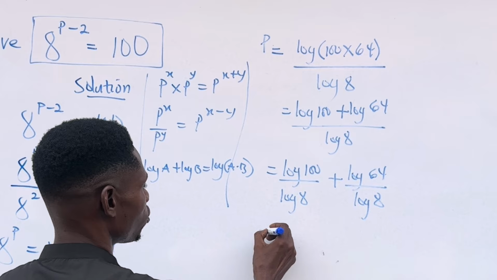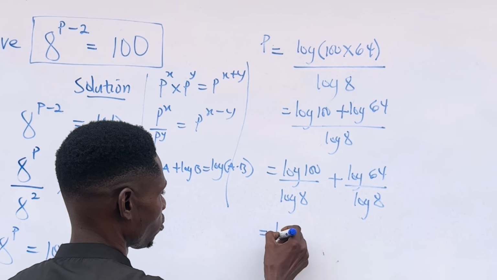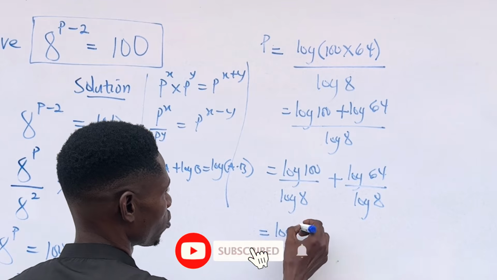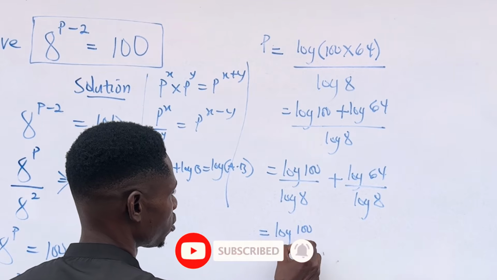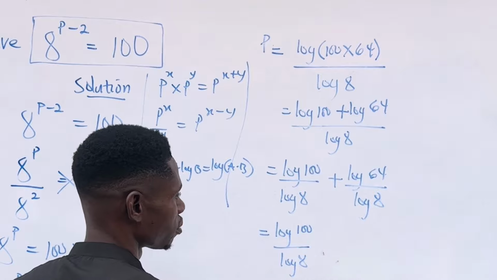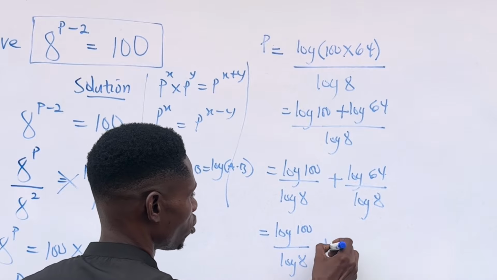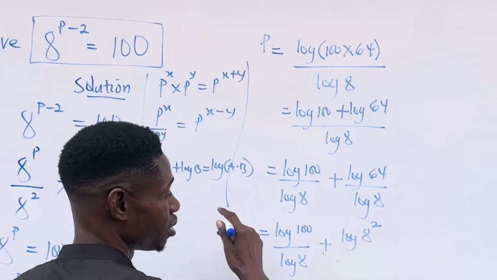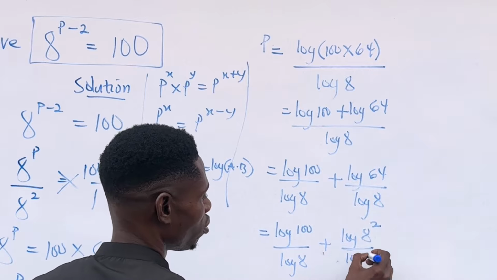So this will give us log 100 over log 8 plus log 8 square over log 8. Remember our 64 came from 8 square.